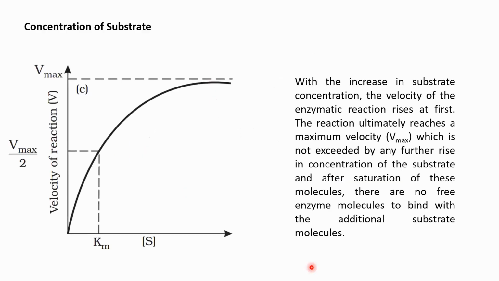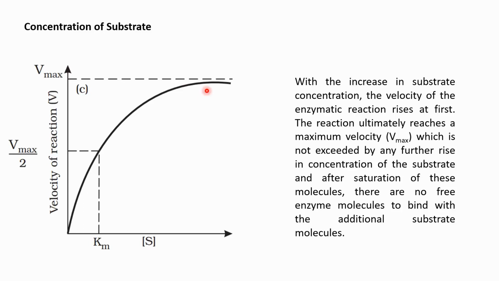The next factor is the concentration of the substrate. With the increase in the substrate concentration, the velocity of the enzymatic reaction first rises and ultimately reaches the maximum velocity. This is the point where all the enzymes are saturated, so there is no active site available irrespective of the concentration of the substrate.